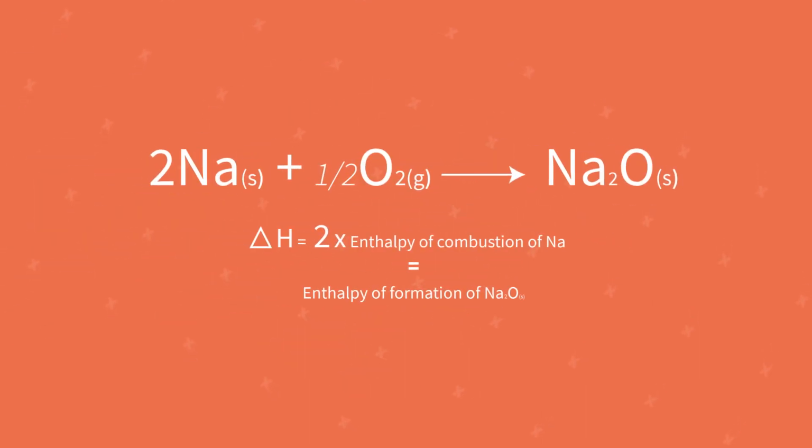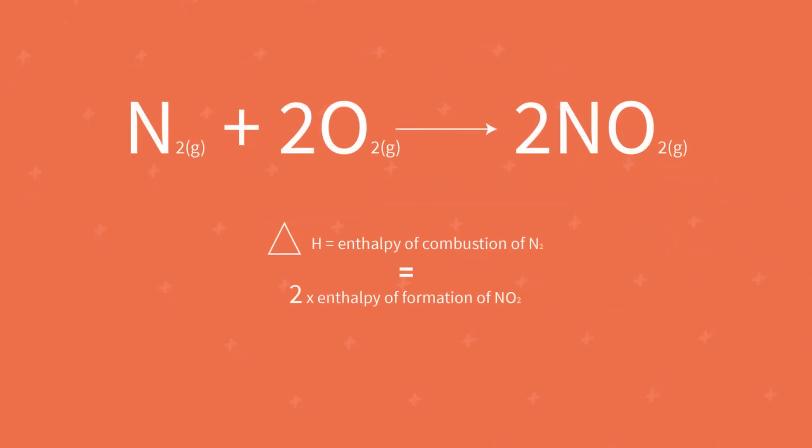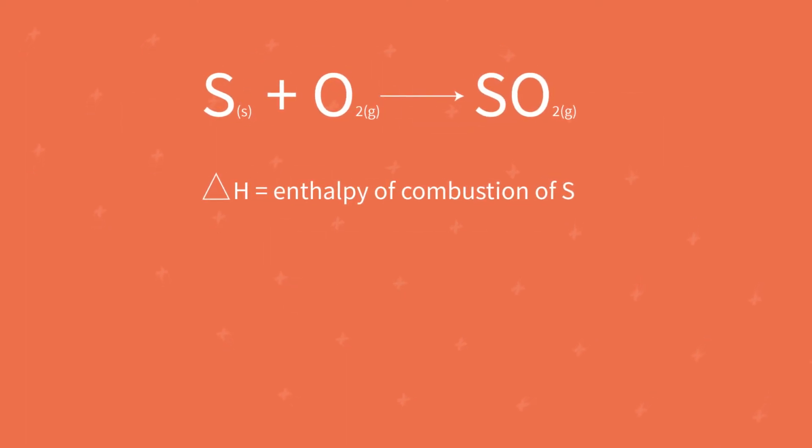Similarly, for sodium, this is the equation. Here 2 moles of sodium are reacting with oxygen, so enthalpy change of this reaction is equal to 2 times the enthalpy of combustion of sodium, which is equal to the enthalpy of formation of sodium oxide. In a similar manner, non-metals combust, such as nitrogen. Furthermore, sulfur combusts completely to form SO2.